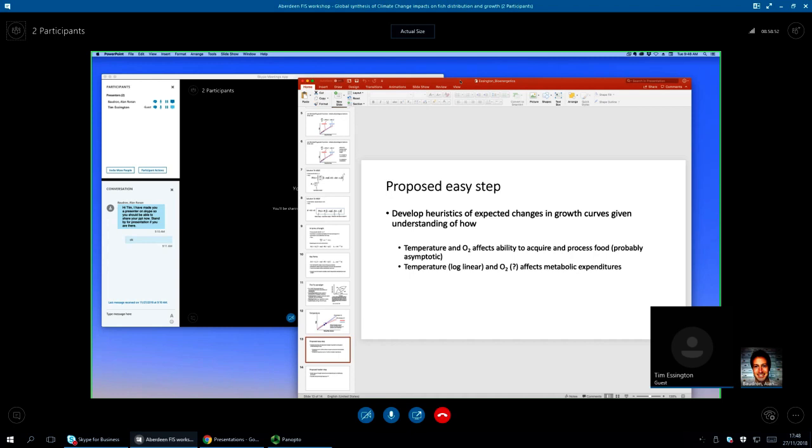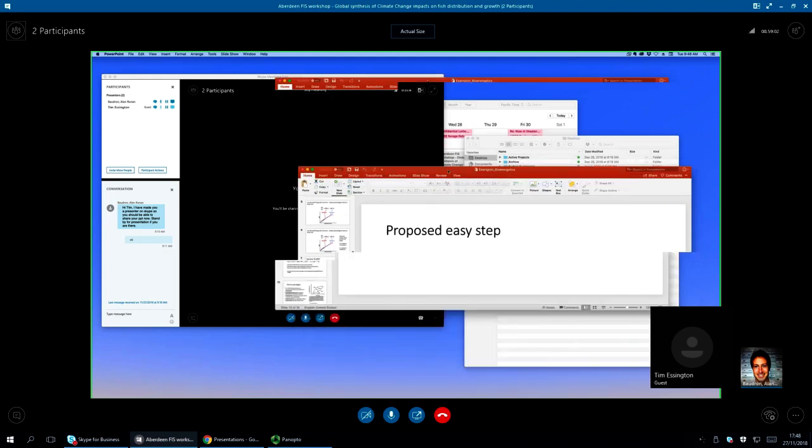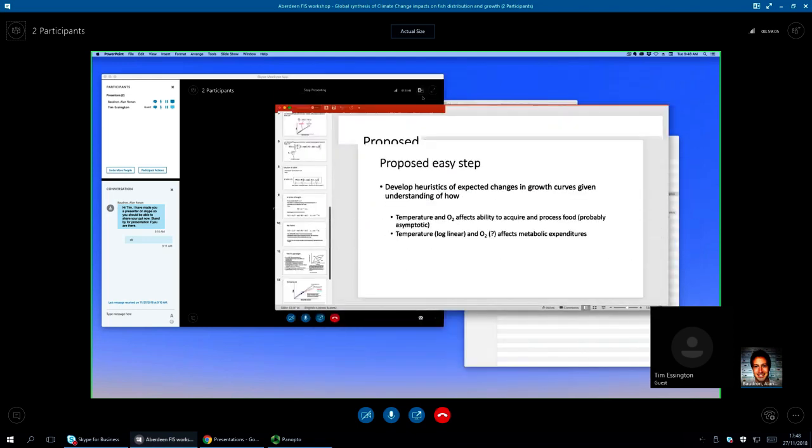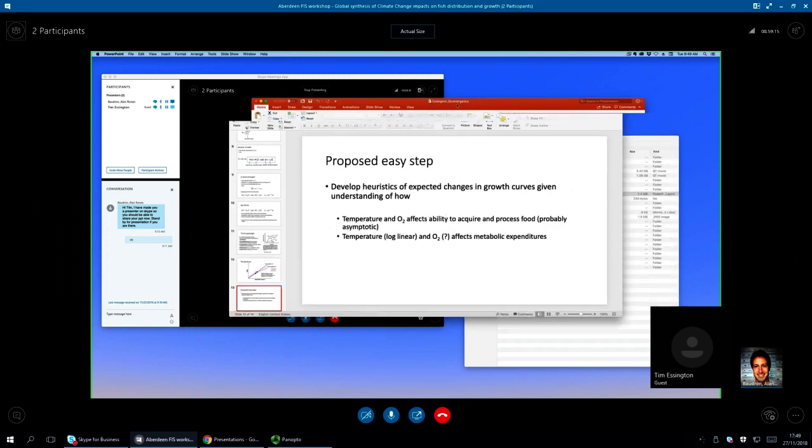And I think William Cheung must have had something like this running his temperature projections for his paper on shrinking fish. It must have been a quick and dirty empirical model, but I don't think it was described in his paper in any detail, but it was probably not too far off those sorts of ideas.